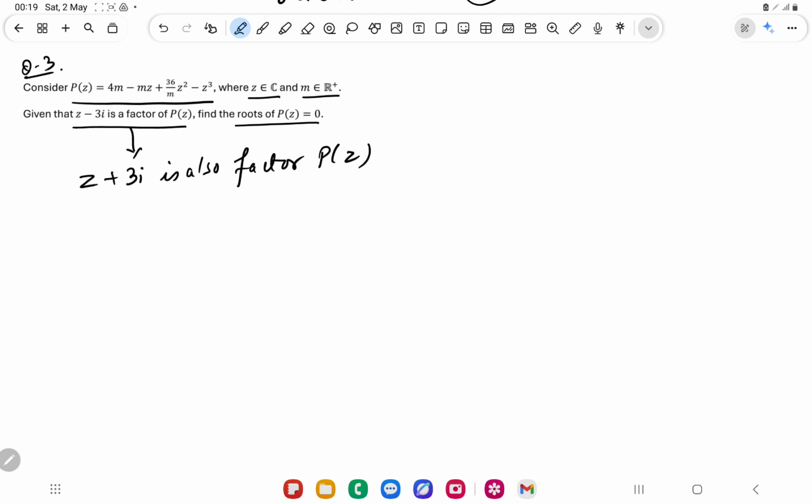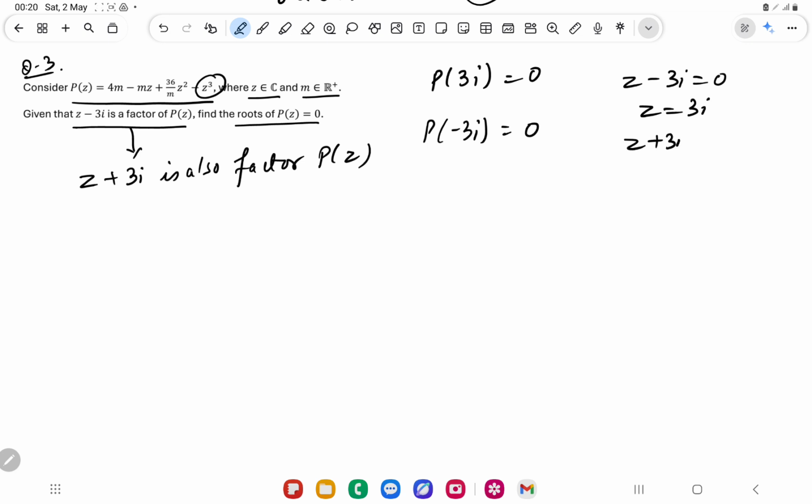So I got my two roots, and since this is a cubic equation, I have to find the third root. Means I can say that p of 3i is 0 and p of minus 3i is 0. So how did I get this? If I equate this as 0, I will get z as 3i, and similarly if I equate this as 0, I will get this. So that's how I have replaced these values.